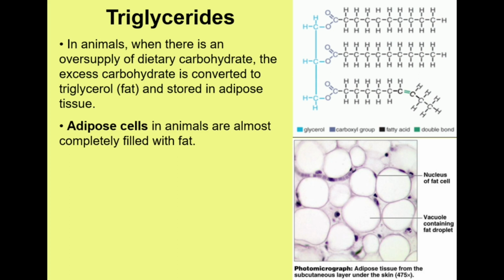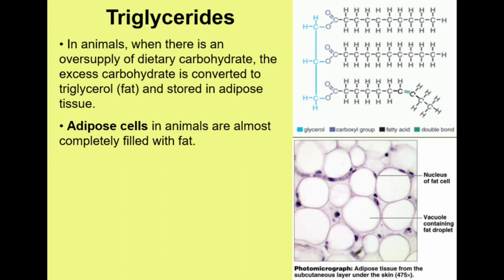You can see in the diagram at the bottom right a close-up view of adipose tissue. It forms what's called the subcutaneous layer, which sits under the skin. Each cell has a nucleus, and the rest of it is filled with fat droplets that are made up of triglycerides.